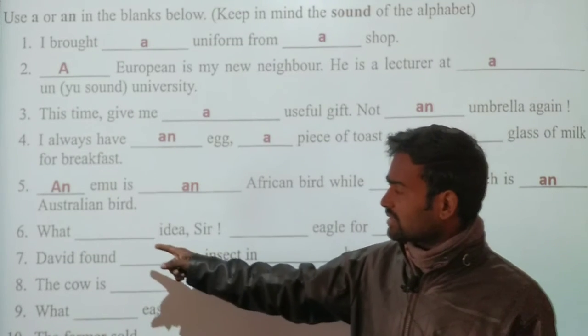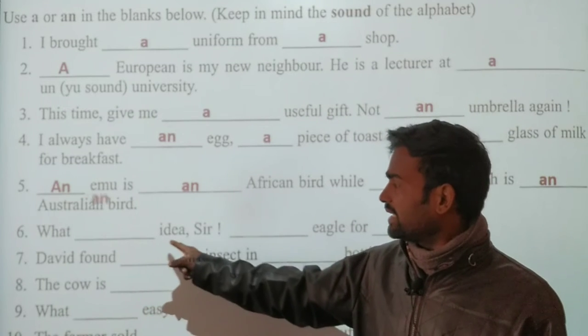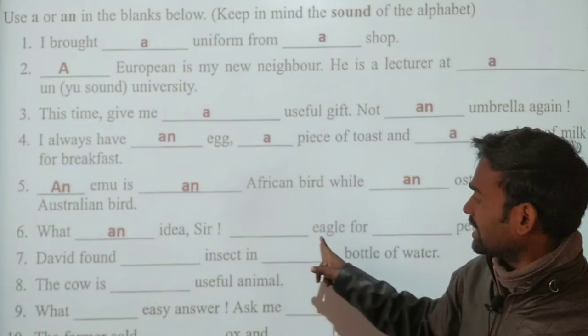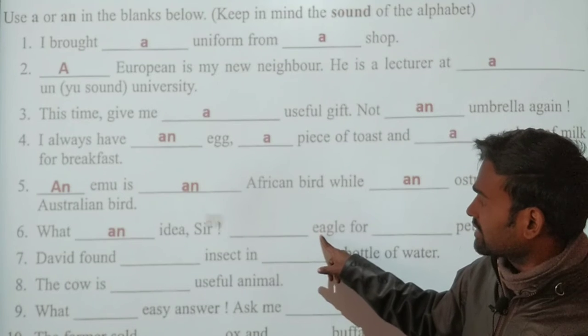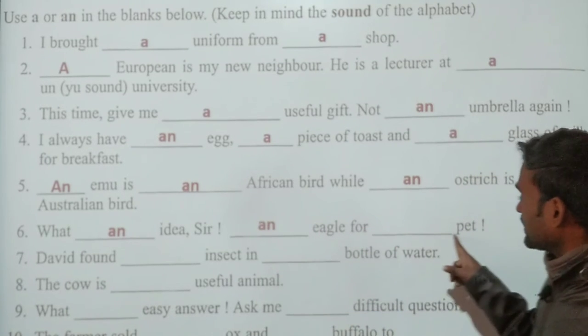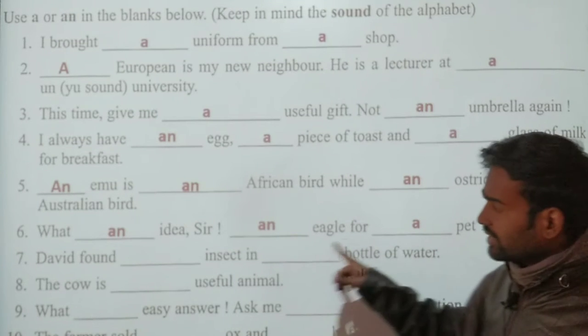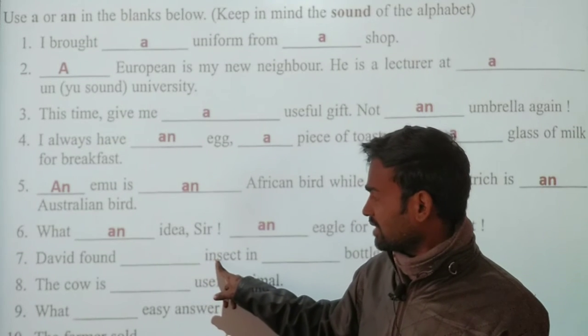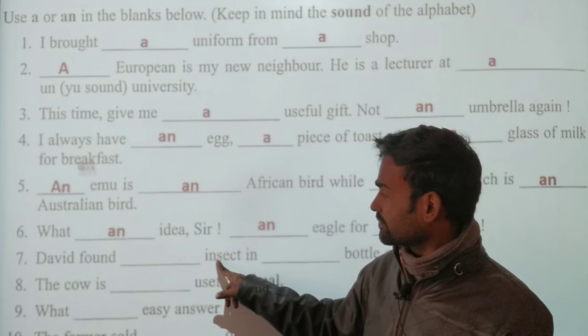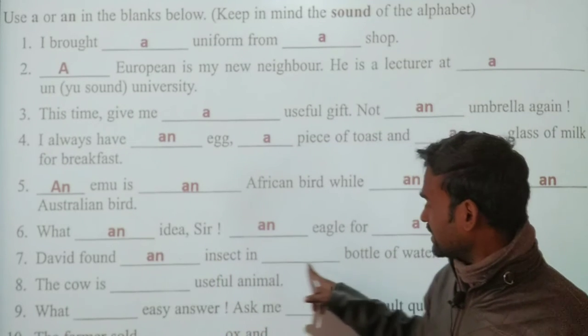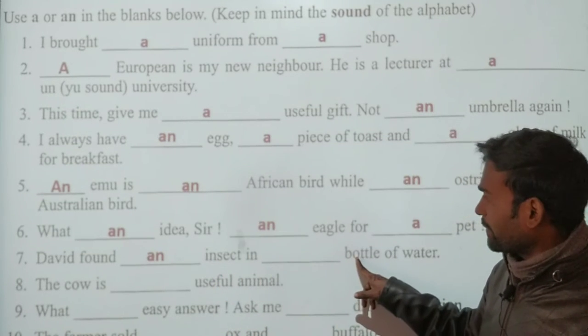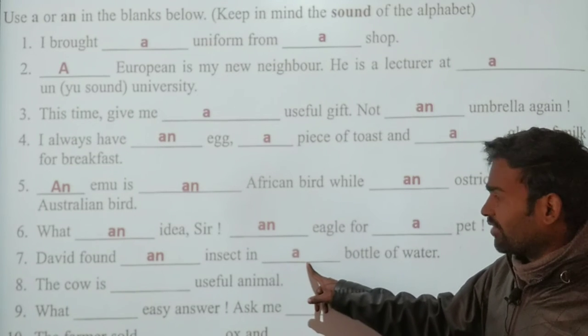Clear? And the sixth one, what an idea, sir. Here again a vowel sound. And an eagle, for here a P, consonant. A. Again here, an insect, a vowel letter. Then a, again here a consonant. We use before that a glass of water.